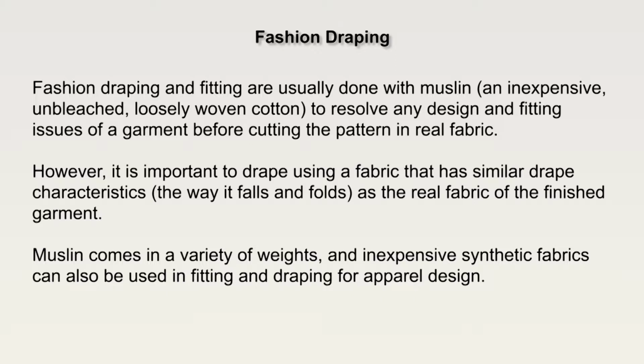However, it is important to drape using a fabric that has similar drape characteristics in the way it falls and folds as the real fabric of the finished garment. Muslin comes in a variety of weights, and inexpensive synthetic fabrics can also be used in fitting and draping for apparel design.